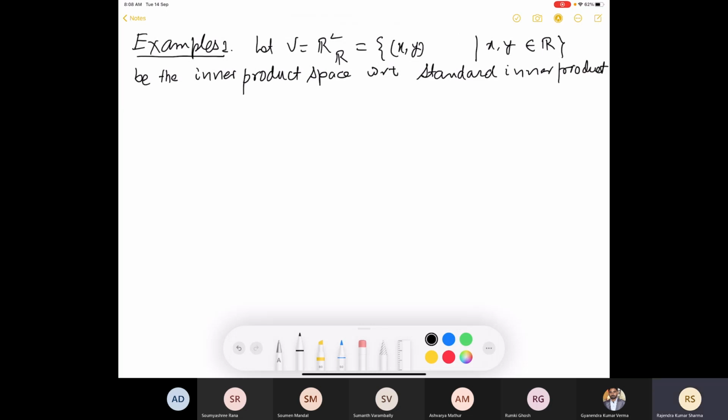That means if you have two vectors, say u is x1, y1, and say v is x2, y2 in V, then the inner product of u with v is x1 x2 plus y1 y2.